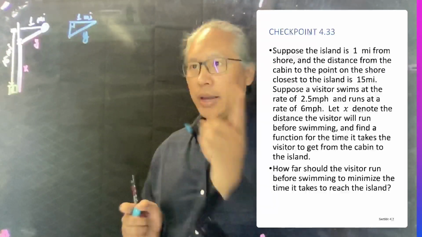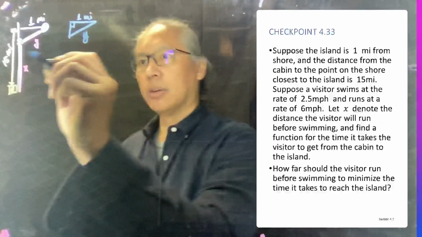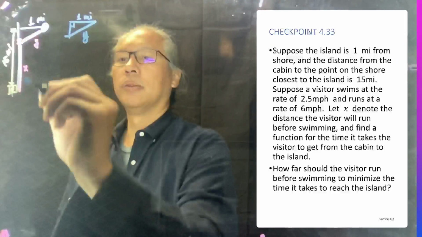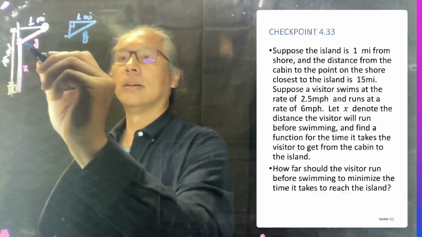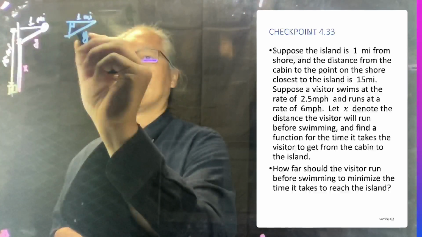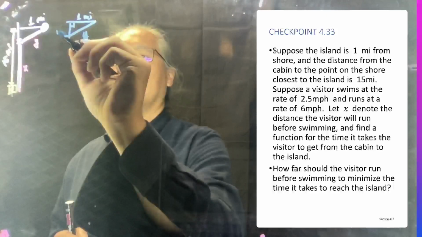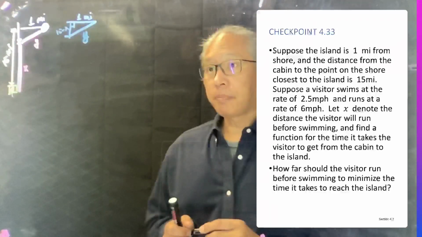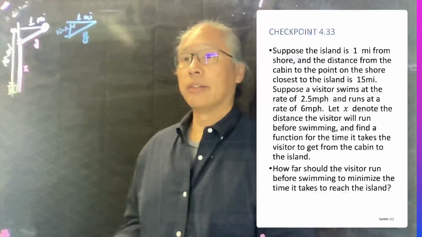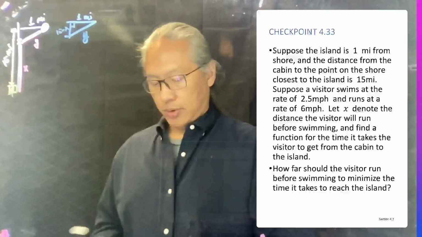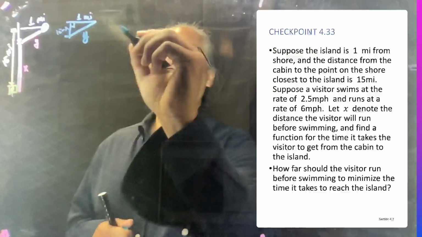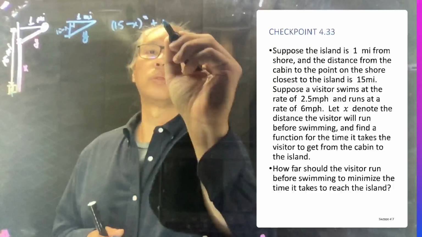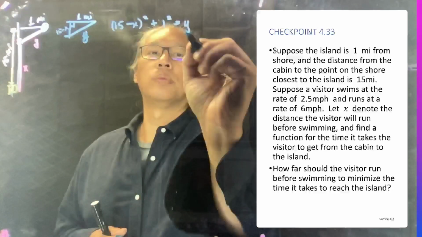And we don't know angles or anything like that, but we do know that if this whole thing was 15 and you ran X miles, then this little small bit is going to be 15 minus X. Okay, so according to Pythagorean theorem, we're going to get 15 minus x quantity squared plus 1 squared is equal to y squared.